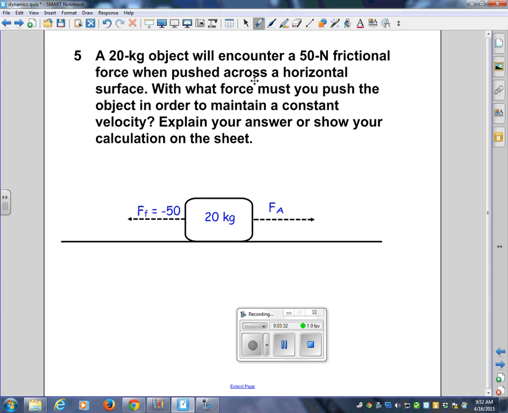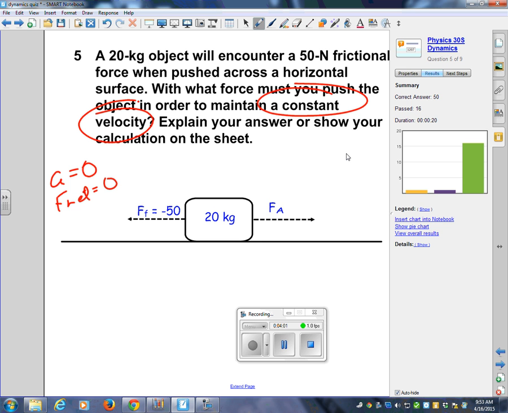A 20 kilogram object will encounter a 50 newton frictional force when pushed across a horizontal surface. With what force must you push the object in order to maintain a constant velocity? Is this one of those trick questions again? Yeah. It sure is. Constant velocity means acceleration is 0, which means the net force is 0. Is there a force here? There sure is. It's 50 newtons. How much force do you need?